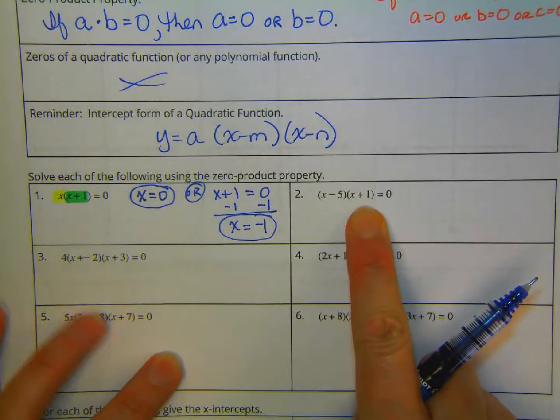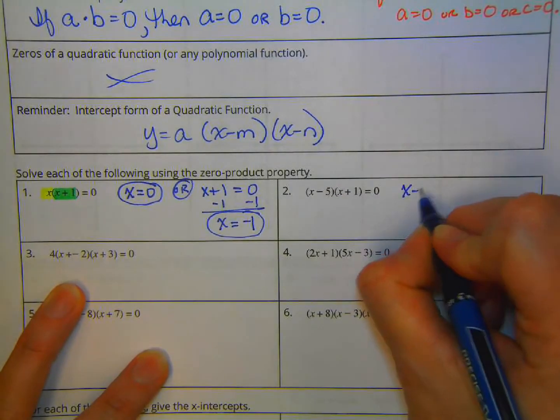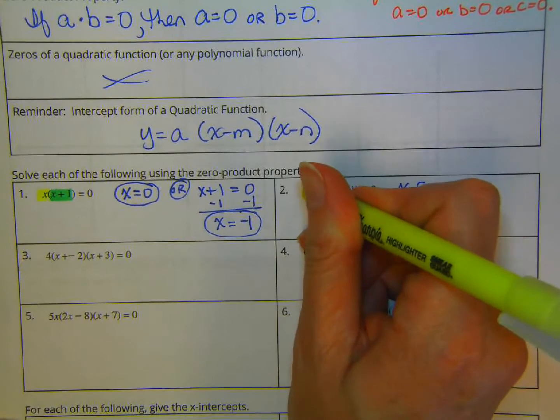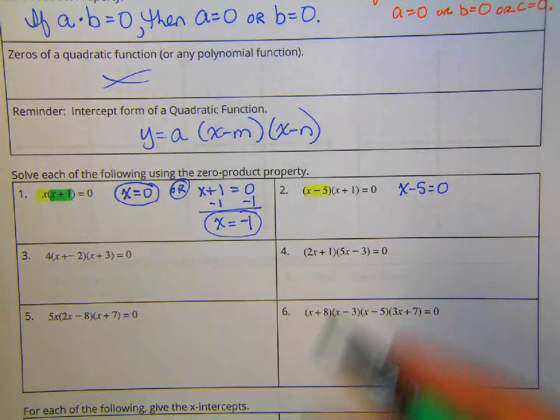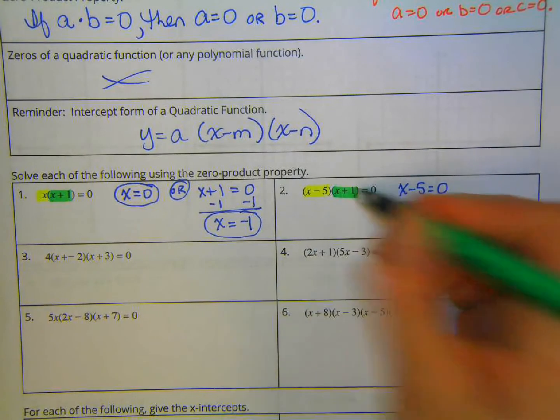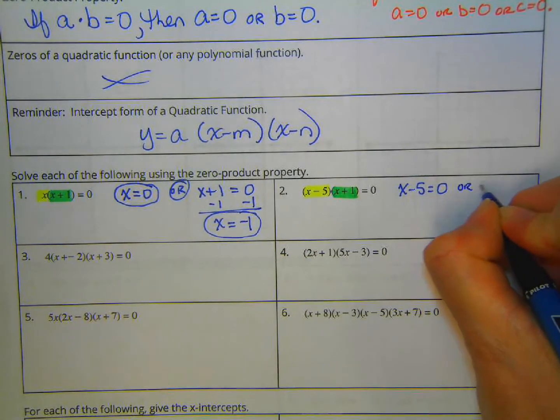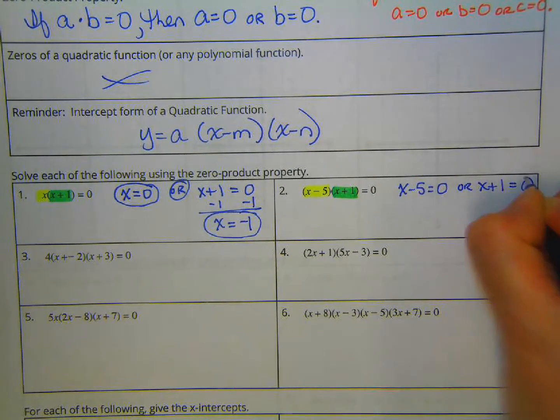For this one right here, we have x minus 5 equals 0. Again, this is like the A, and this is like the B. So we have x minus 5 equals 0 or x plus 1 equals 0.